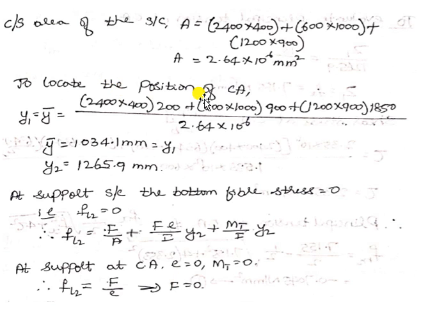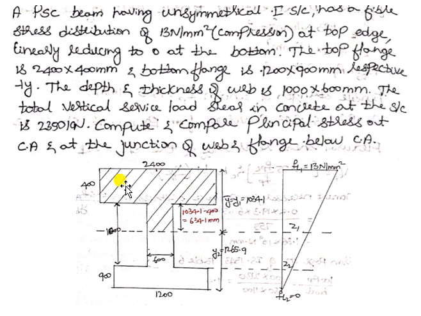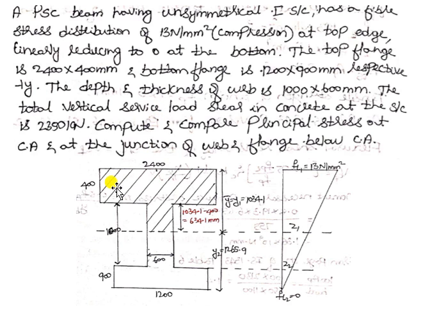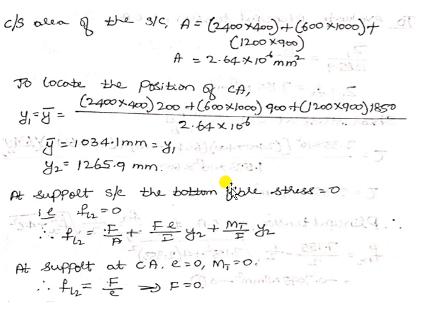So to calculate the centroidal axis, y bar or y1 is equal to 2400 into 400, so area of this, into centroidal distance of the top flange. So centroidal distance of this flange is 200 because I am calculating the centroidal distance with respect to the top fiber. So with respect to top fiber, the centroidal distance of this is 200.